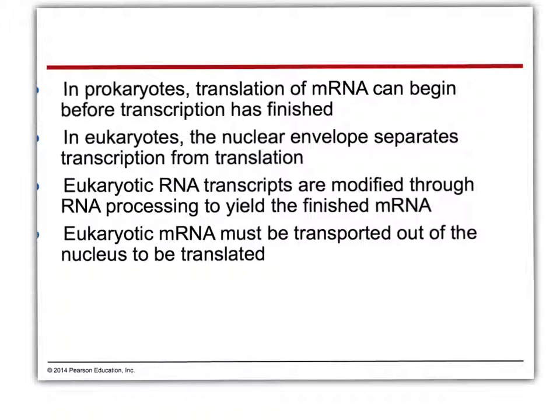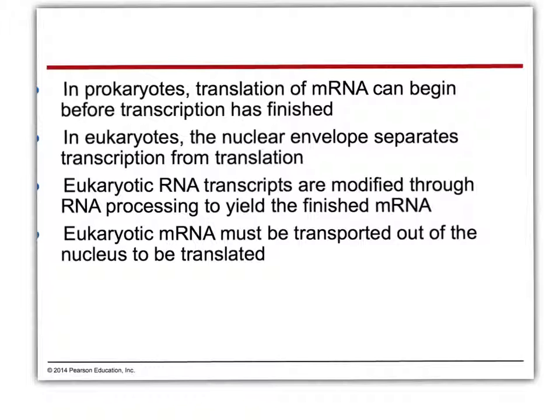So in prokaryotes, there is no containment. So in prokaryotes, transcription can start and translation can start because there's no fence. There's no barrier between where the ribosomes are in the cytoplasm, in the cytosol, and where transcription's happening, where the DNA is.